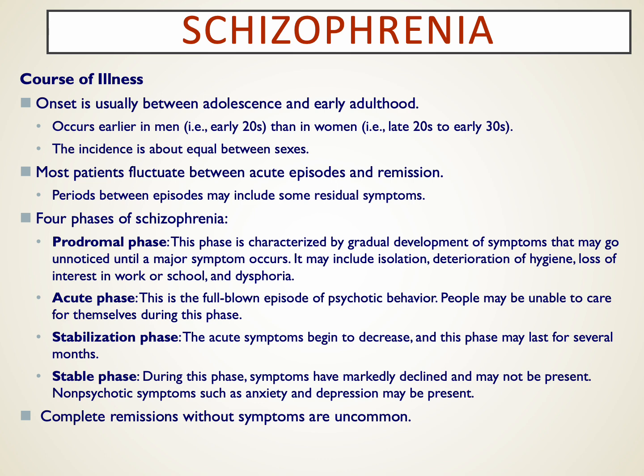Patients often will fluctuate between acute episodes and remission, but they often have a dramatic impact on their ability to function, and the symptoms are often quite disturbing to that patient, as well as sometimes the people around that patient. And there might be different phases in their process of developing and presenting with schizophrenia: a prodromal phase, an acute phase, a stabilizing phase, and then a stable phase.